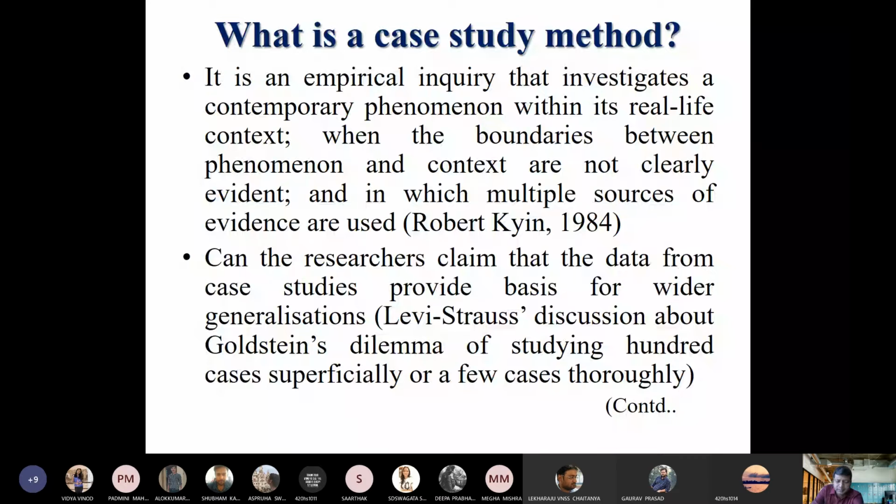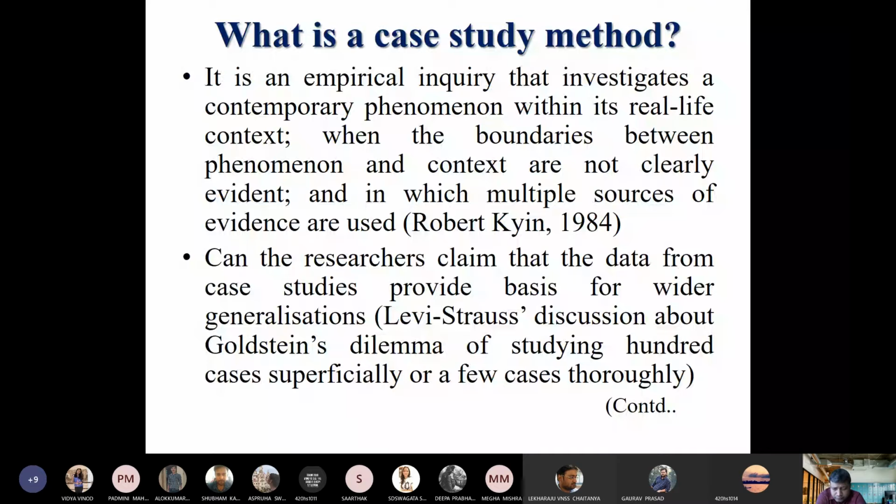First, it is an empirical inquiry. Second, it investigates a contemporary phenomenon within its real life context, meaning what is exactly happening in the contemporary days, when the boundaries between the phenomenon and the context are not clearly evident, in which multiple sources of evidence are used.